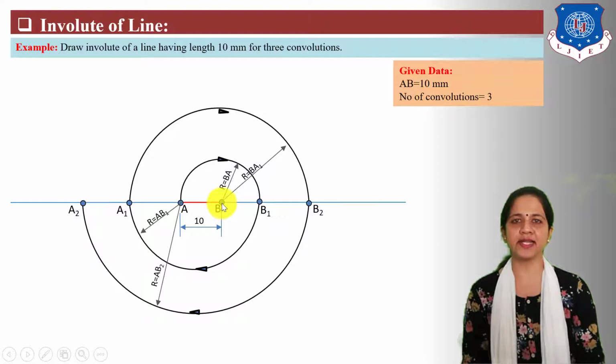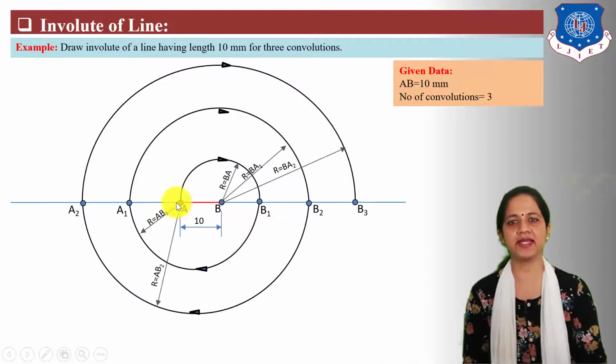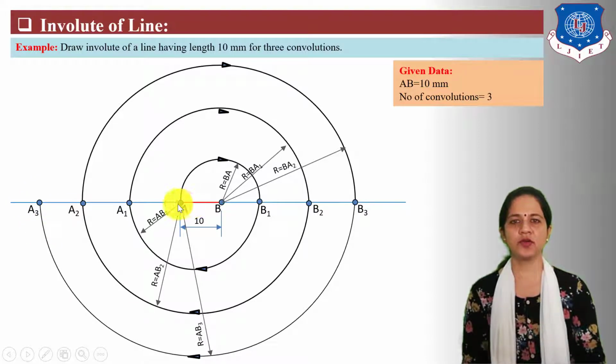Next, take center B, radius BA2 and draw an arc and mark here B3 point. Next, take center A, radius AB3 and draw an arc and mark here A3 point. So, this is the involute of line for 3 convolutions.